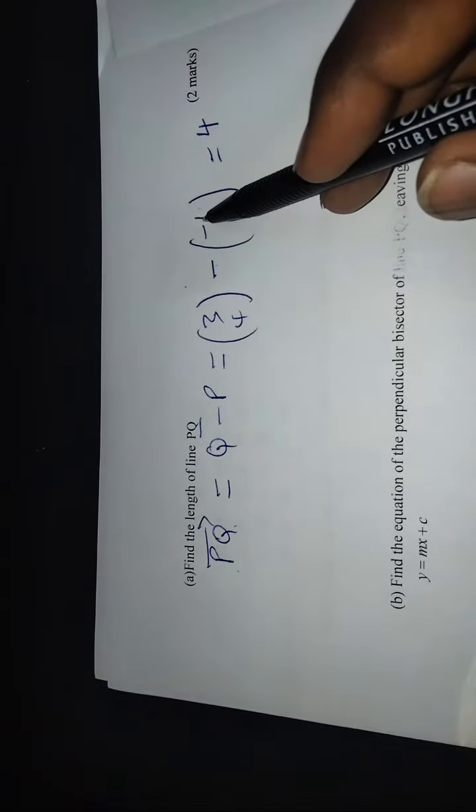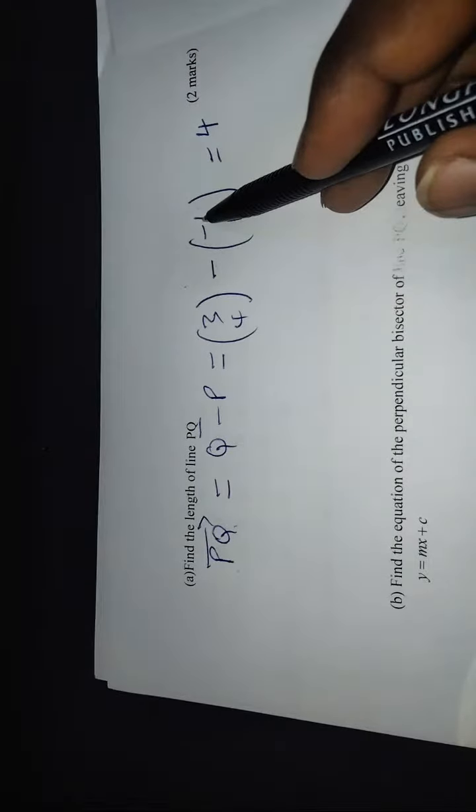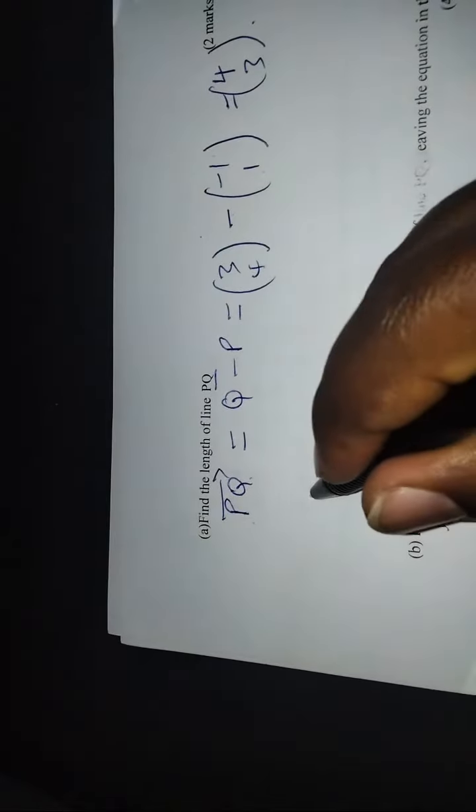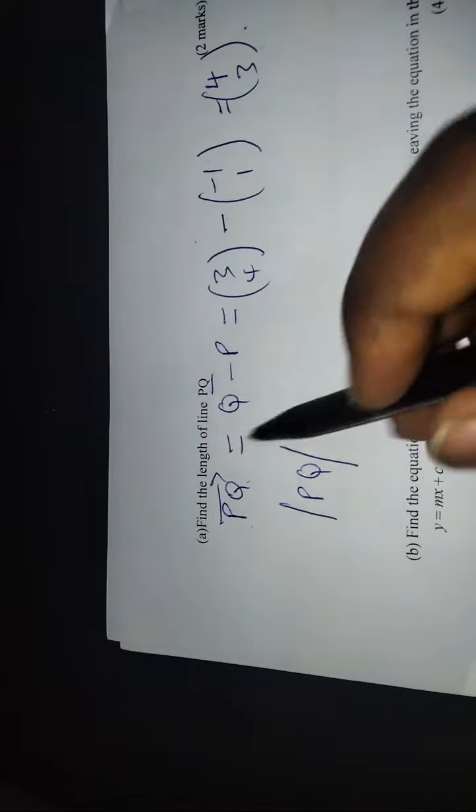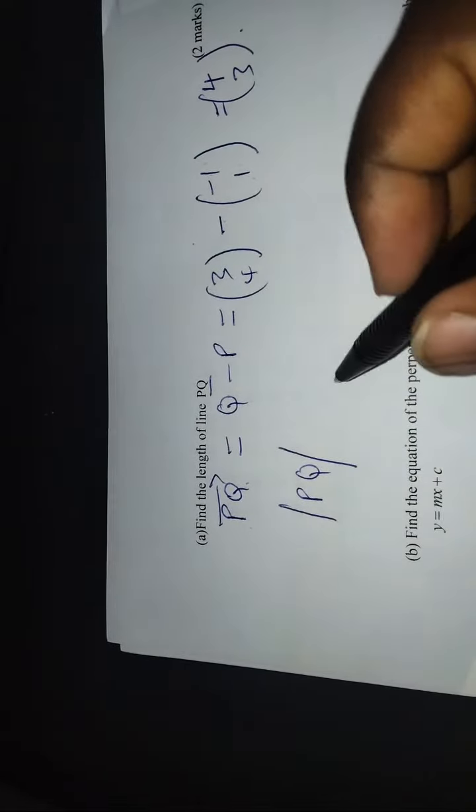We express the coordinates in column form. This will be 4, because 3 minus negative 1 becomes a positive 4. Then 4 minus 1 becomes a 3. So with this now, we can get what we call the magnitude. The length is also called the magnitude, the modulus of a vector.